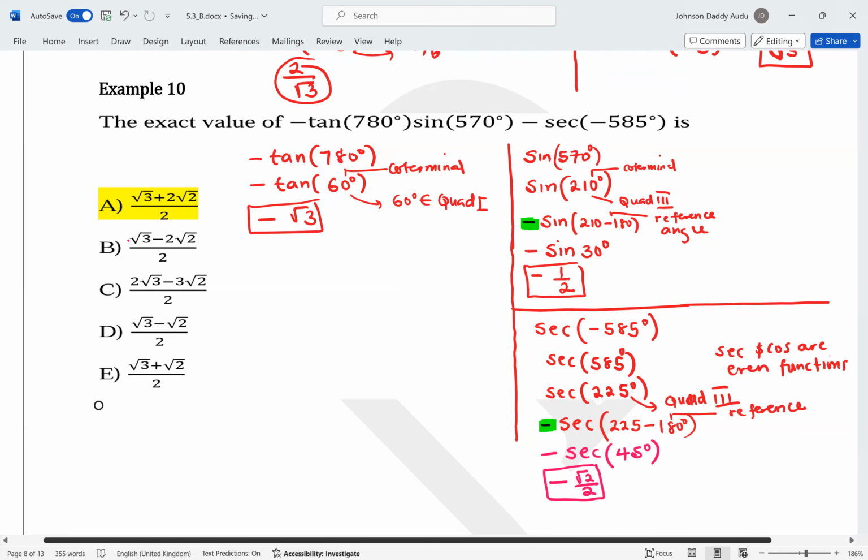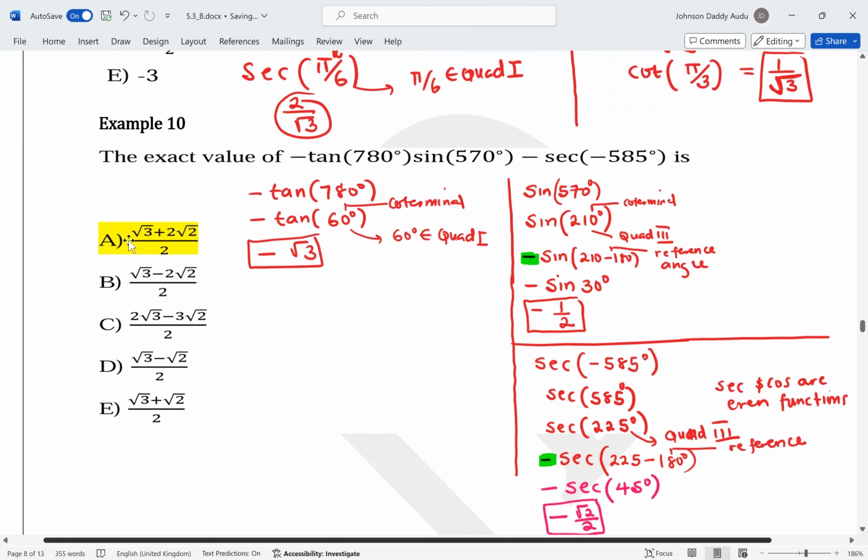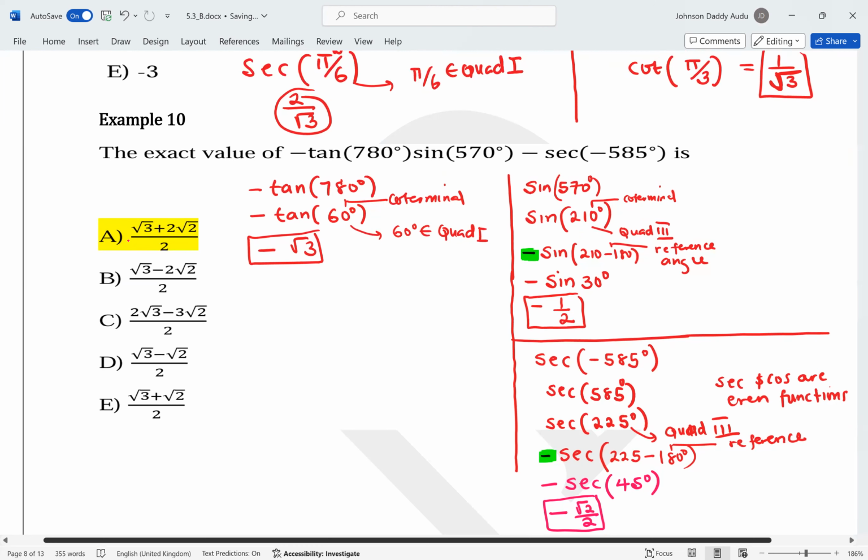All right. So now I think we can put everything together. Let me write it here again. Remember, we're looking for minus tan 780 degrees multiplying by sine 570 degrees, then minus sec of minus 585. This already, we have it here.